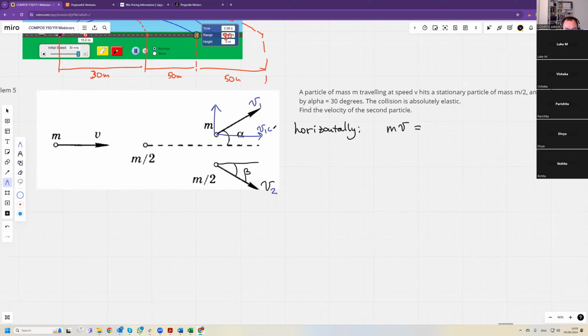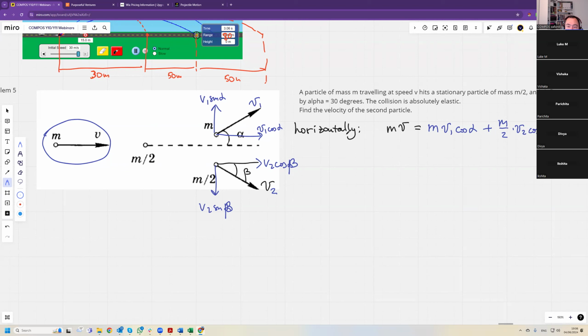So this is v1 cos alpha, this is v1 sine alpha, this is v2 cos beta, and this is v2 sine beta. So mv, that's the momentum before. Now momentum after is m v1 cos alpha plus m over 2, that's the mass, multiplied by v2 cos beta. That's the first equation.